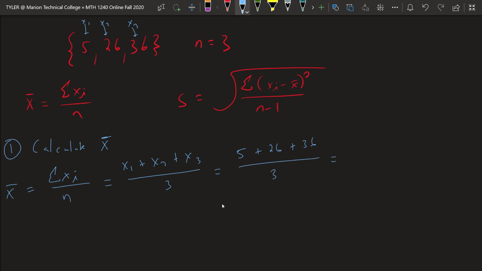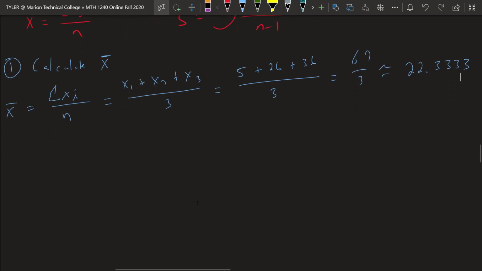That sum at the top should be 67, divided by 3, which is approximately 22 point, and then it's really an infinite number of 3's, but I'm just going to round to 4 decimal spots. Right, so we get 22.3333. So we calculate the mean first, just like before.